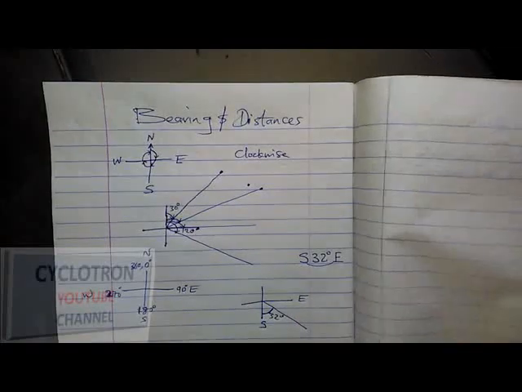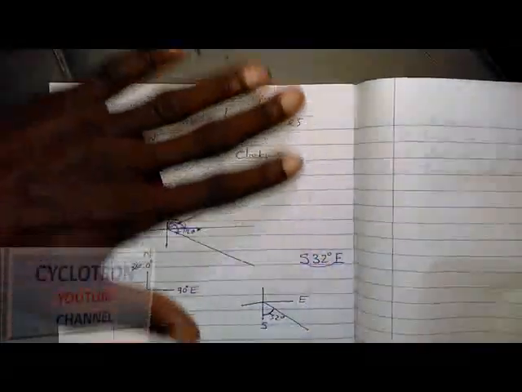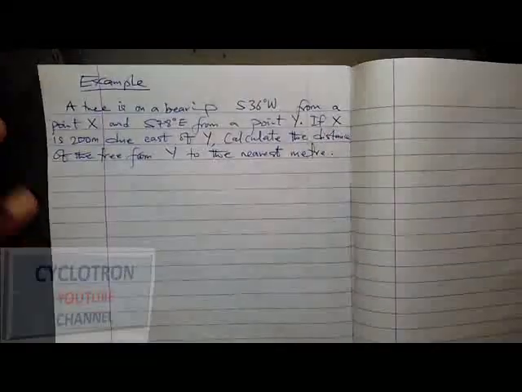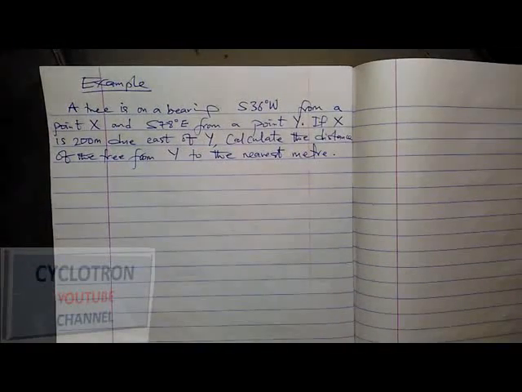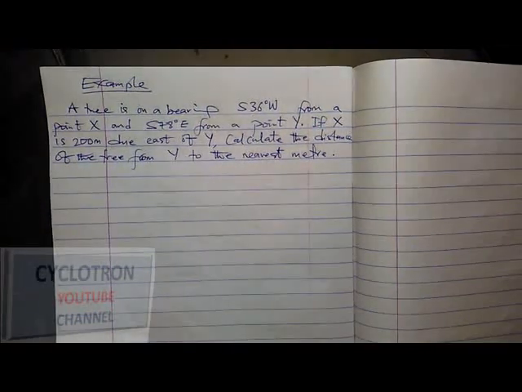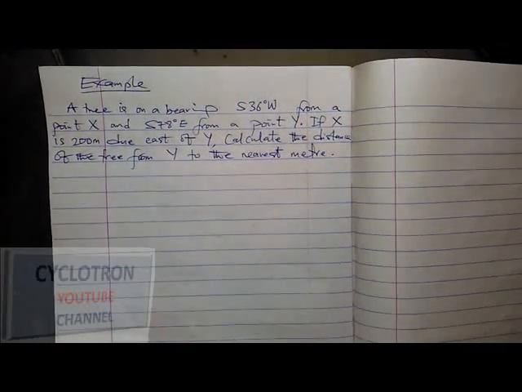Alright. Let's use this as preamble. Let's go to the example now. A tree is on a bearing this. Bearing is direction. If you are sitting here and you want to talk about the person over there, you can describe it with angle and distance.